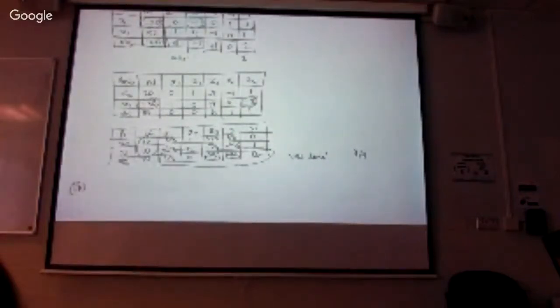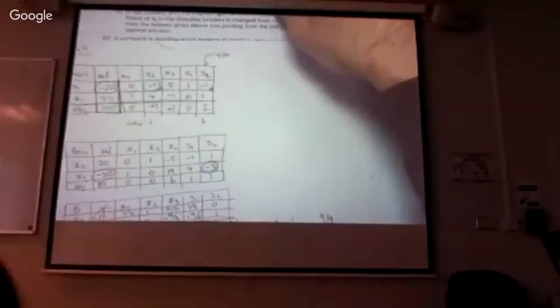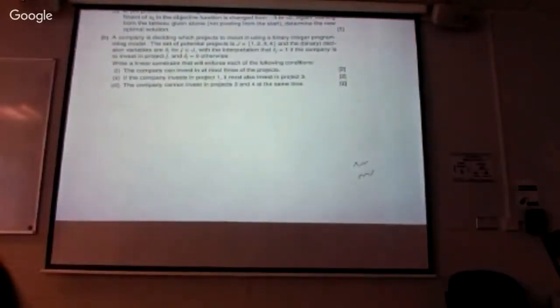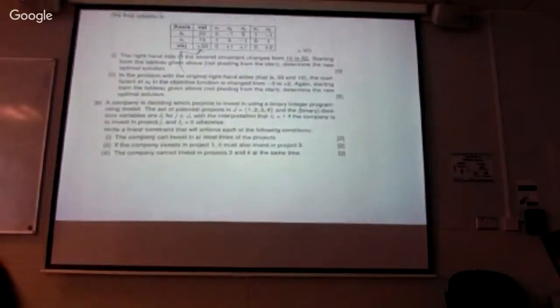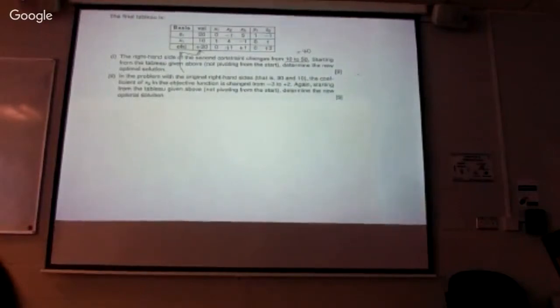So, sorry, right-hand sides go back where they were. The coefficient of x3 changes here. The coefficient of x3 changes from -3 to +2 in the objective.